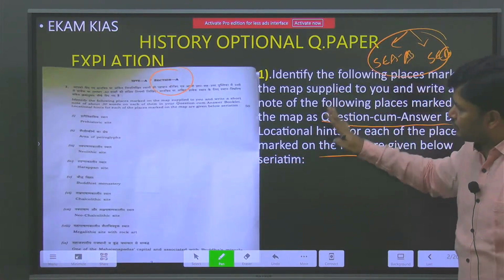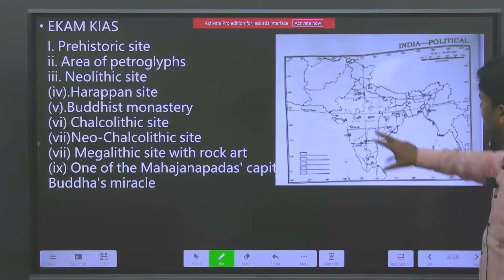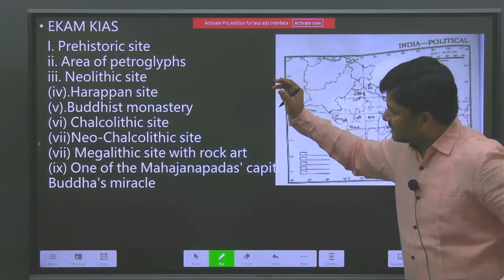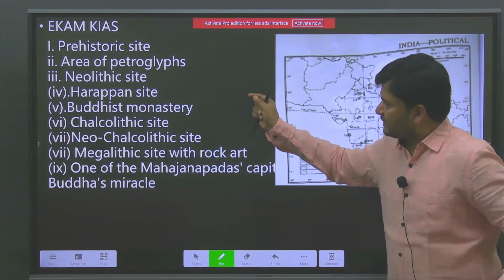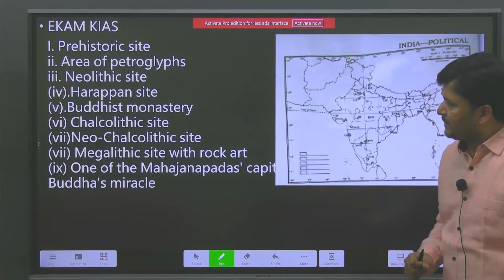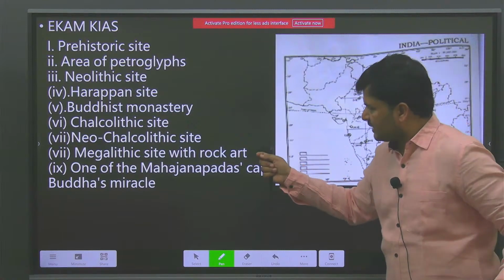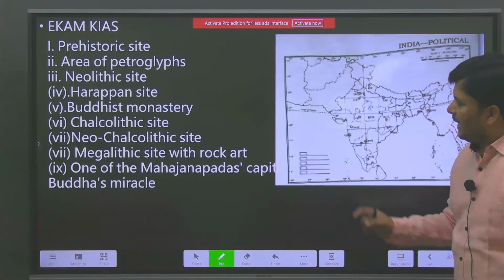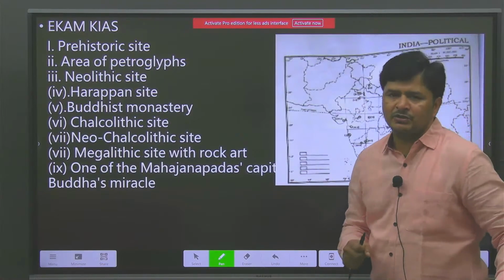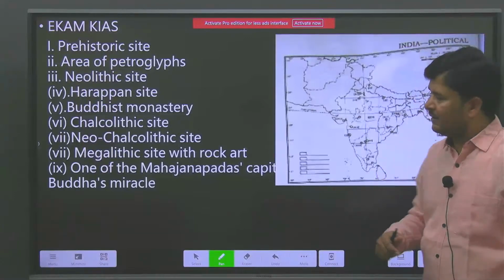So we have 20 sites in total. When you go through the map, site number 1 is a prehistoric site, then an area of petroglyphs, a Neolithic site, a Harappan site, a Buddhist monastery, a Chalcolithic site, a Neo-Chalcolithic site, a megalithic site with rock art, and one of the Mahajanapada capitals where Buddha performed a miracle, the Shravasti miracle as we call it.